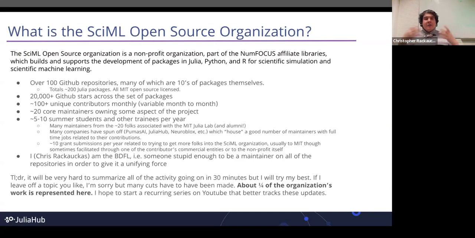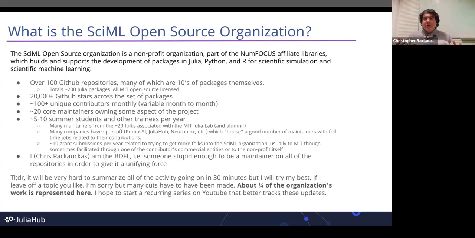Now, how do you actually describe this? Well, here's a slide that I took from the State of SciML talk at the last JuliaCon. It writes down a whole bunch of different numbers, but what I want to highlight is that it's not a small organization by any means, right? If you think about SciPy and such, I believe it had like 20 active contributors.